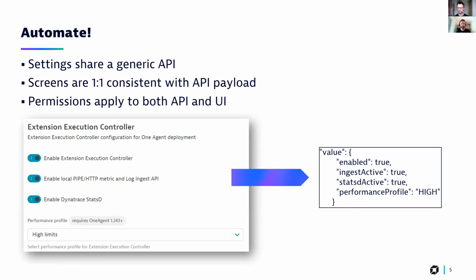That means it's really easy to understand what and how you can automate your settings. And finally, the best part, and that's also tying to the previous point, whatever permissions you set for your users in the UI will also affect the API. So what they can do in the UI, they can do in the API and not more. That's the important part.